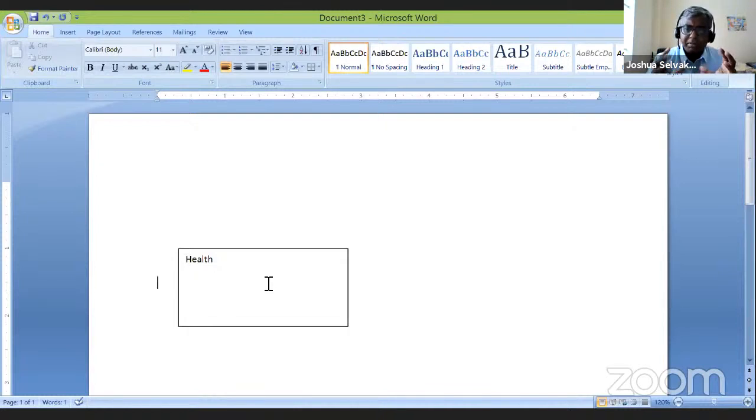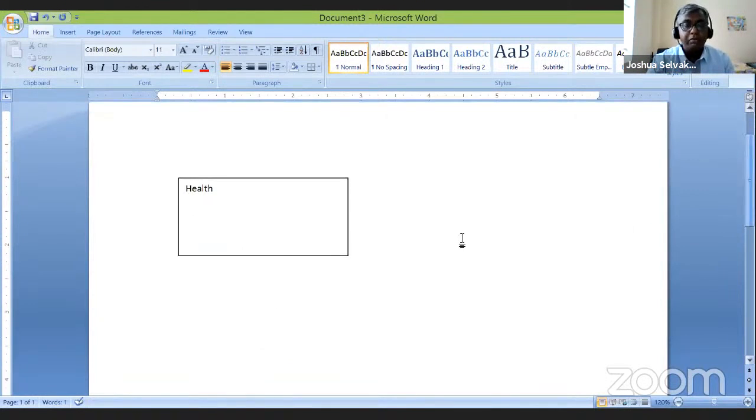Any concept, any variable that you cannot explain directly is what we call a construct. You can only explain it with a number of other sub variables. For example, health you cannot explain directly, but you can explain with the help of two other sub constructs.